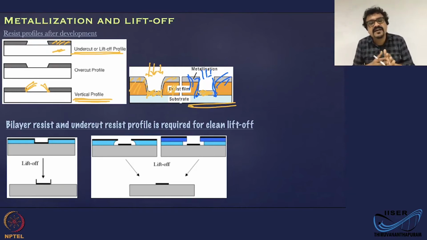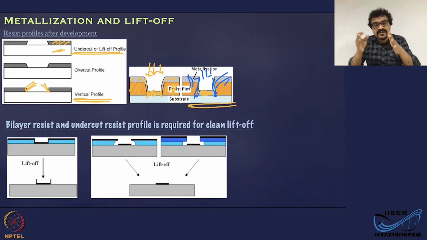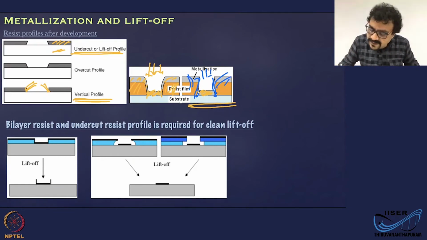Vertical profile is also fine as long as the metal deposition is perfectly normal to the substrate, so that you have a break in the film at the edges of the resist, or sidewalls of the resist. But usually this undercut profile is obtained by using a bilayer resist scheme, where you have a weaker bottom layer that will undergo more chemical change, and it will give you a cave-like feature, something like this.